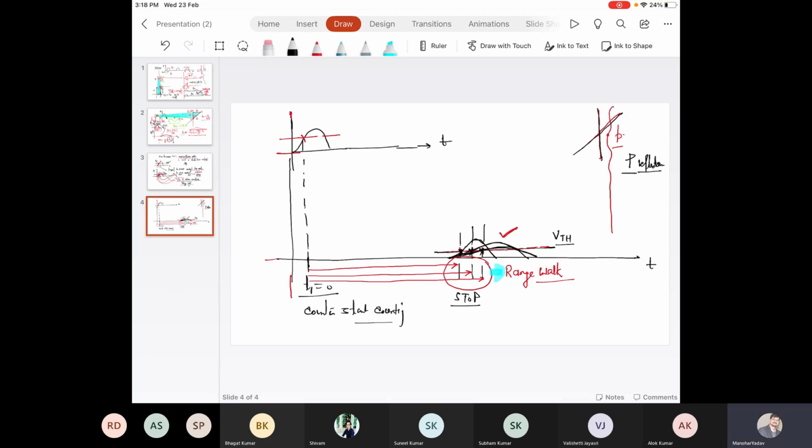You can notice the time of travel recorded in the first, second, and third cases shows an increment. This is called range walk. Why is it range walk? Because the range keeps on increasing due to delay in the generation of the trigger signal to stop the counting.